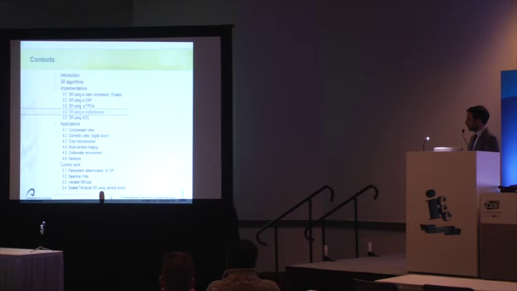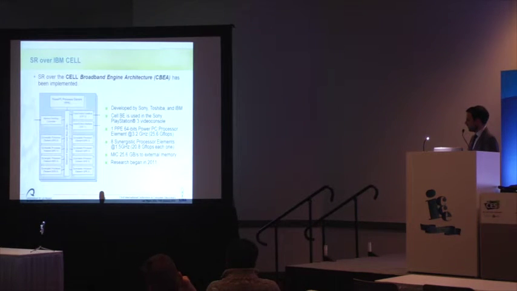So we were encouraged, and we said, okay, let's go for something bigger, and we tried to include this in the Cell Broadband Engine architecture. This is basically the multiprocessor of the PlayStation 3.